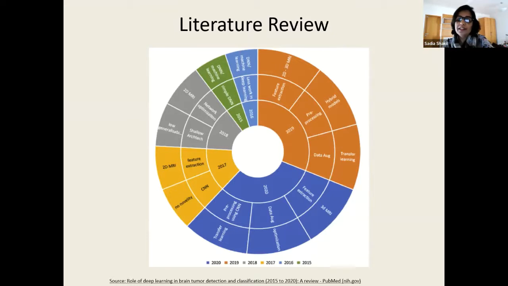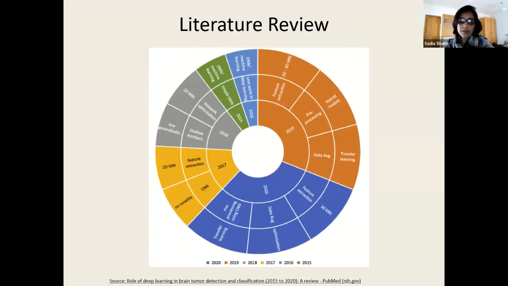So what she actually did was she started by reviewing all the studies from 2015 to 2020. She published a very comprehensive literature review on all of those studies. In those studies, she explored what different AI algorithms have been applied on brain tumor data, and what the limitations of those studies are.